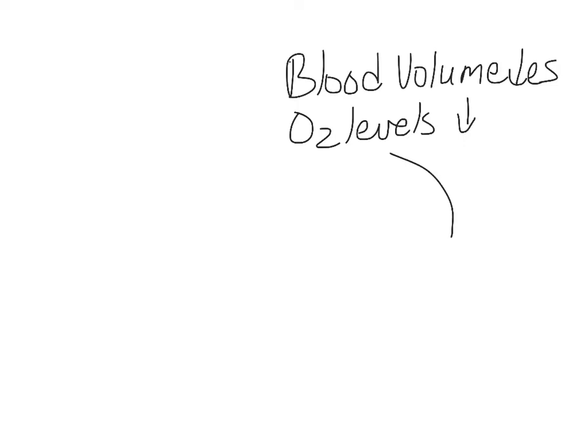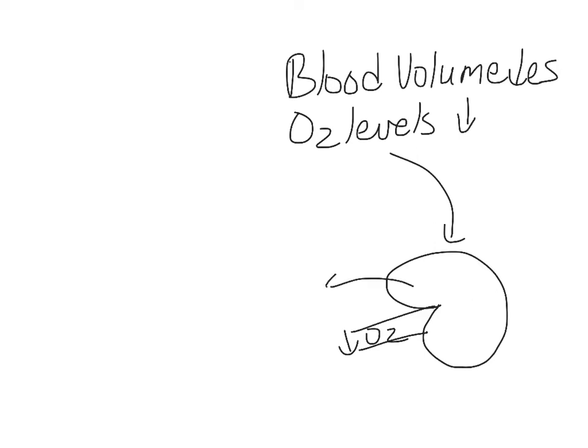And so as the blood is coming into the kidneys, there are cells in there that are going to recognize the decreased oxygen levels or the decreased blood volume, and the kidney then is going to release the EPO, or the erythropoietin. Erythropoietin is then going to travel to your red bone marrow.